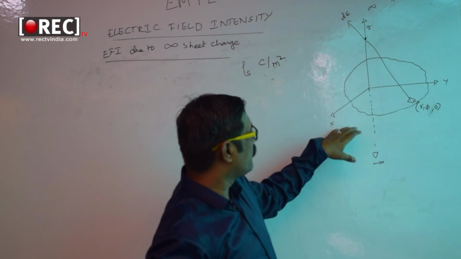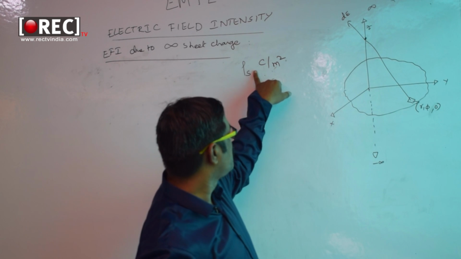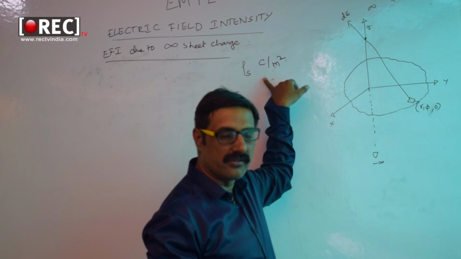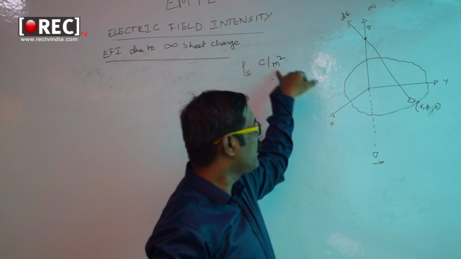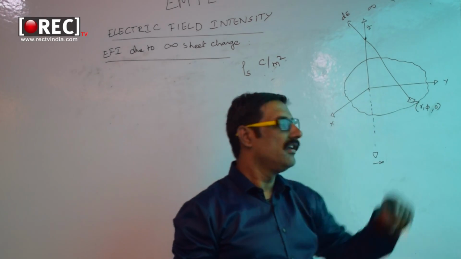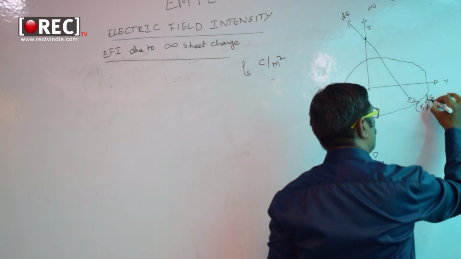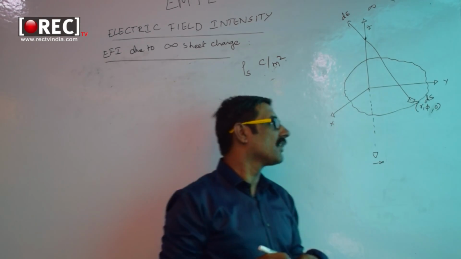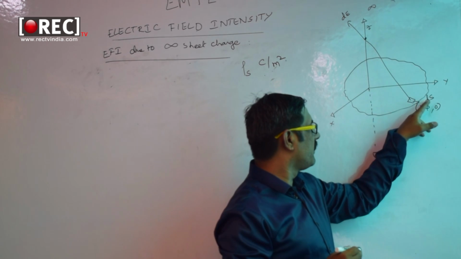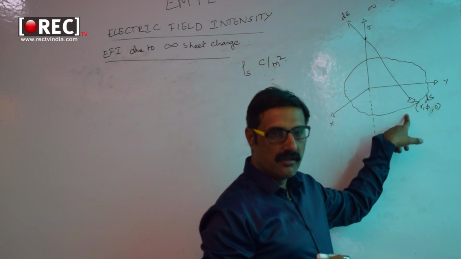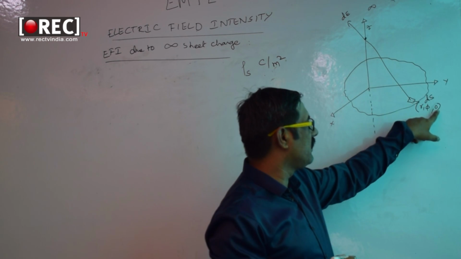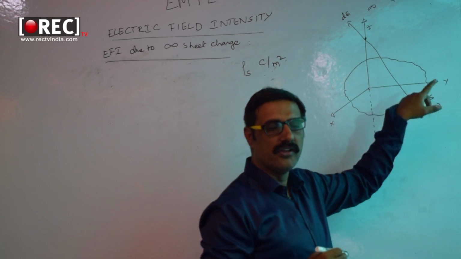We assume that the sheet charge with rho S coulomb per meter square is lying in the xy plane. Now let us consider a small area ds on the xy plane. Since it is lying on the xy plane, the z coordinate can be taken as 0.